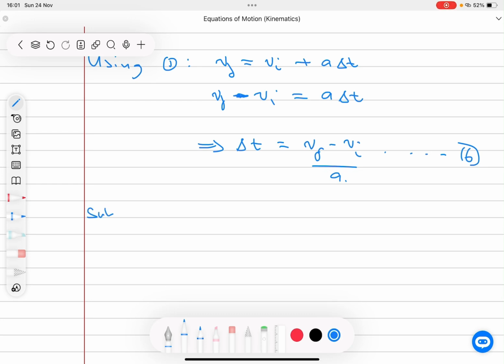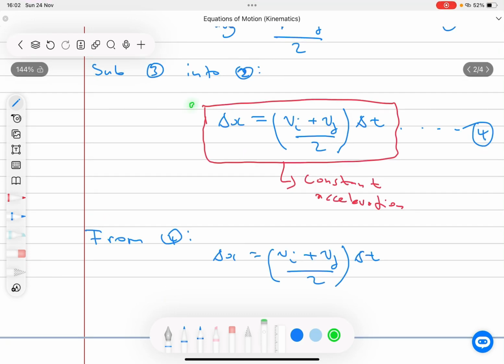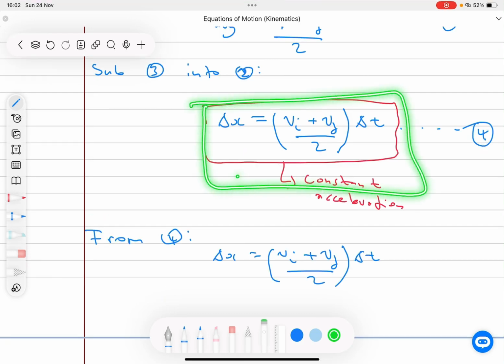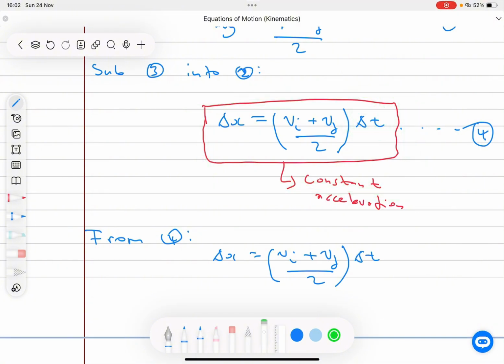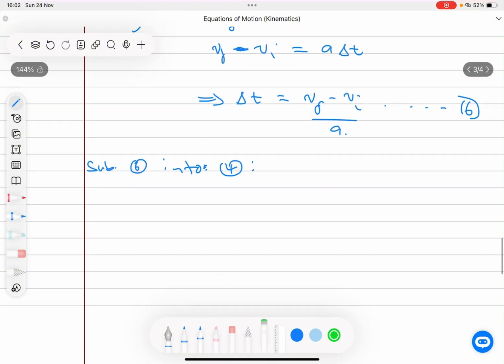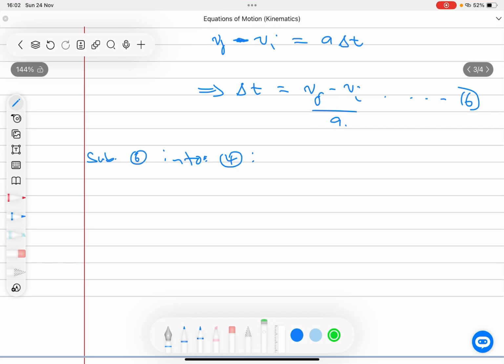Now I'm going to substitute. Now where is equation 4? Equation 4 is this beautiful equation here. I'm going to put the time here right from the equation 6. So this means now that we will have the change in x is equals to vi plus vf divided by 2.